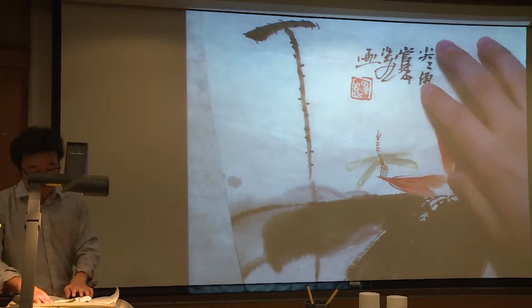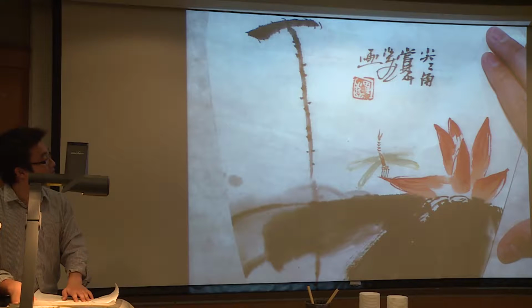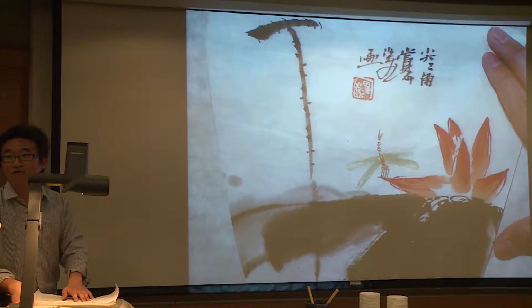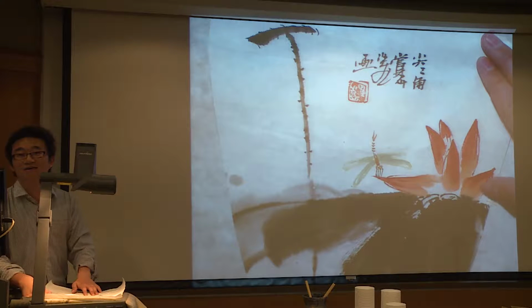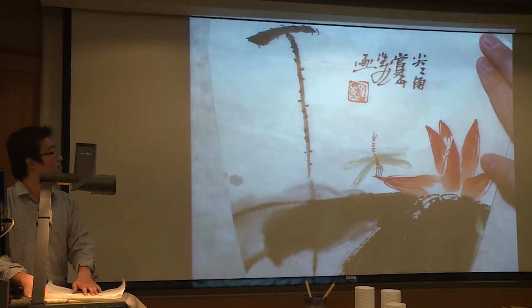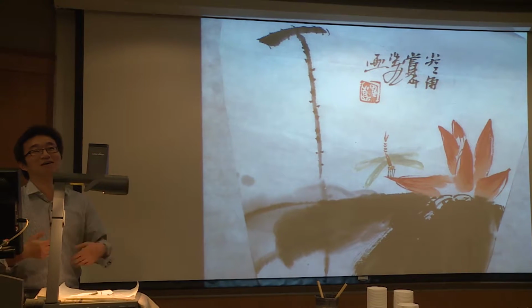Here, can anyone tell me what kind of color we're going to use? Yeah, black and red. But we have some specific names for these colors. First, tell me from common sense.